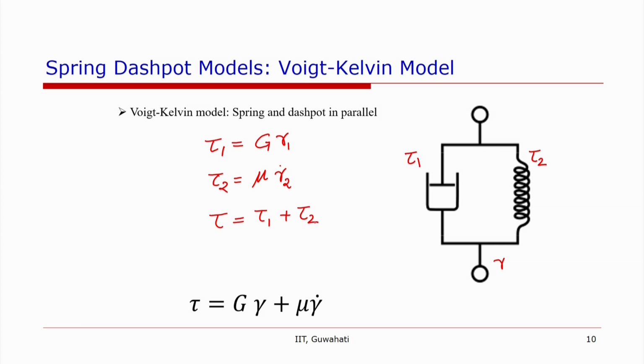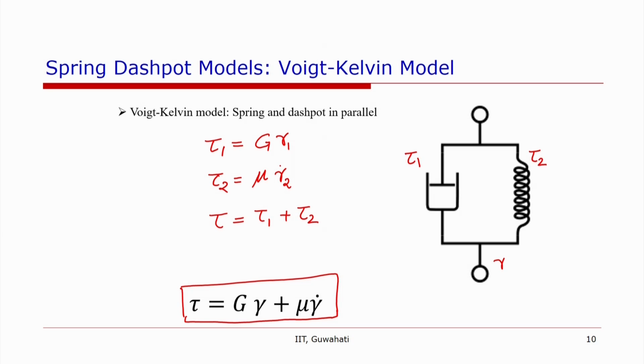So, we will have, after substitution, tau is equal to G gamma plus mu gamma dot. So, that is another model that can be used to model the behavior of a viscoelastic fluid.